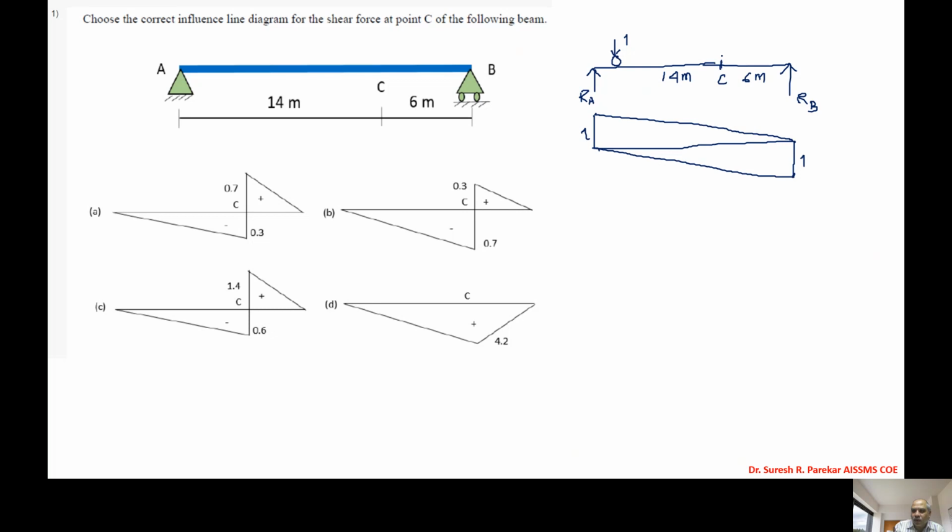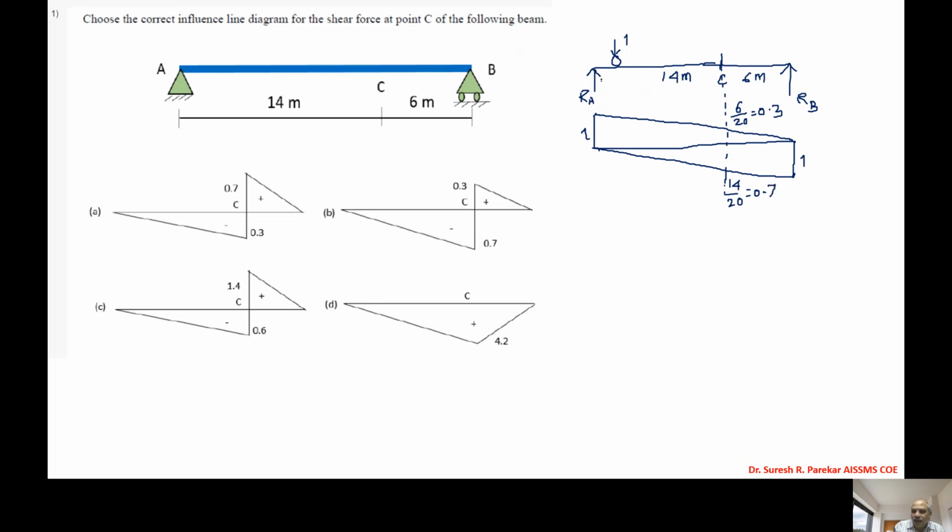And then we have to plot shear force, so we will take it down. Now we have this 6 meters, so for 20 we have 1, so we have 6 by 20, and this comes 0.3, and this is 14 by 20, this comes 0.7.